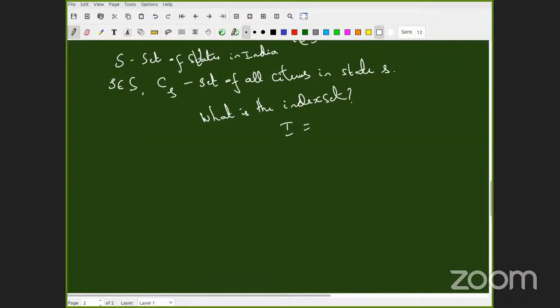Index set means what? The one which comes with subscript. Very good. So Saranya, can you tell what is the index set? Set of states in India, sir. Yes, very good, correct. This is what we have defined: set of states in India.